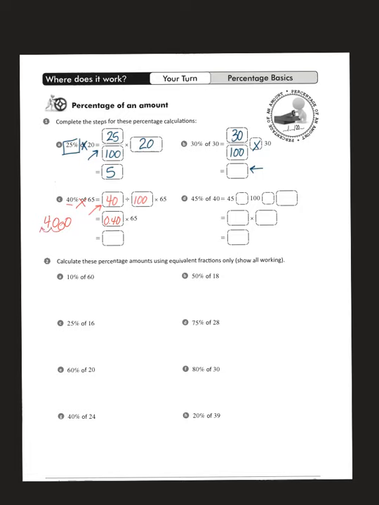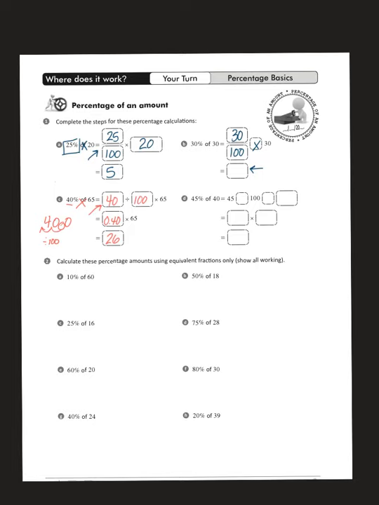Moving the decimal twice to the left is the same thing as dividing something by 100. And then we have 0.40 times 65, because we want 40% of 65. So 0.40 times 65, and we get an end answer of 26. So 40% of 65 is equal to 26.